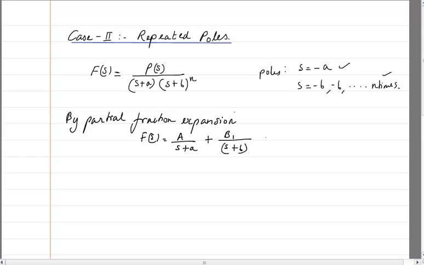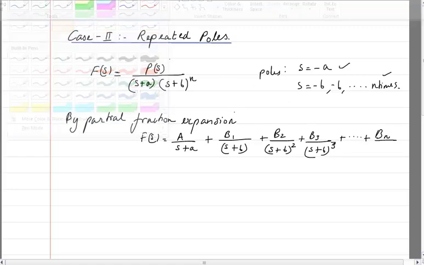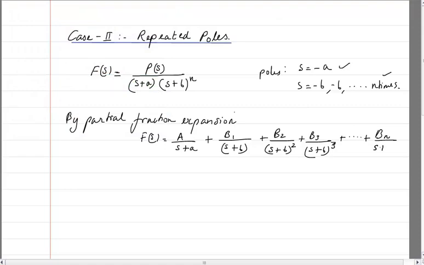So I will write B1 divided by s plus b, B2 divided by s plus b squared, plus B3 divided by s plus b the whole cube, and like that I will take it all the way up to s plus b raised to power n.